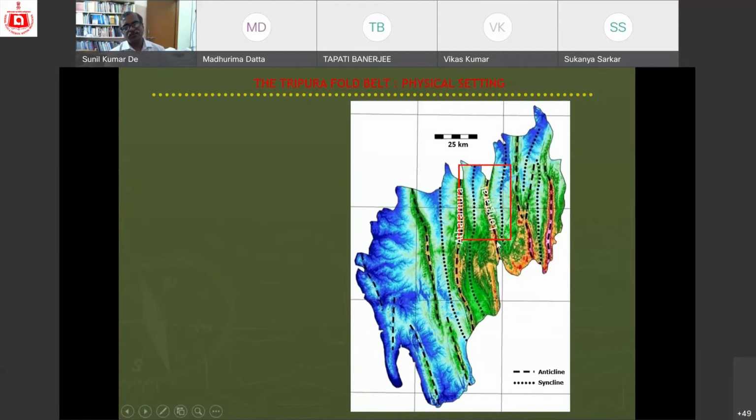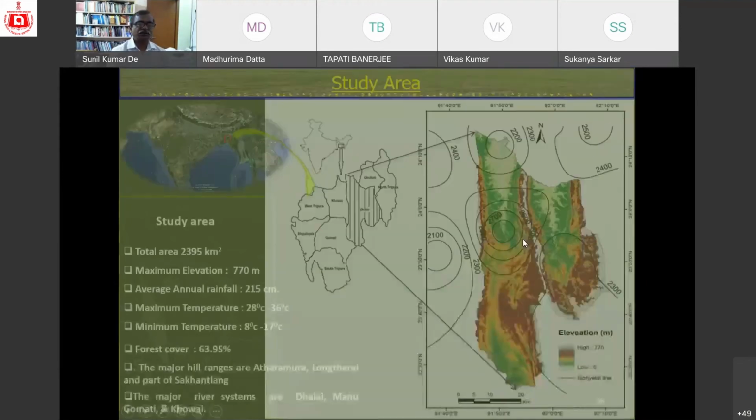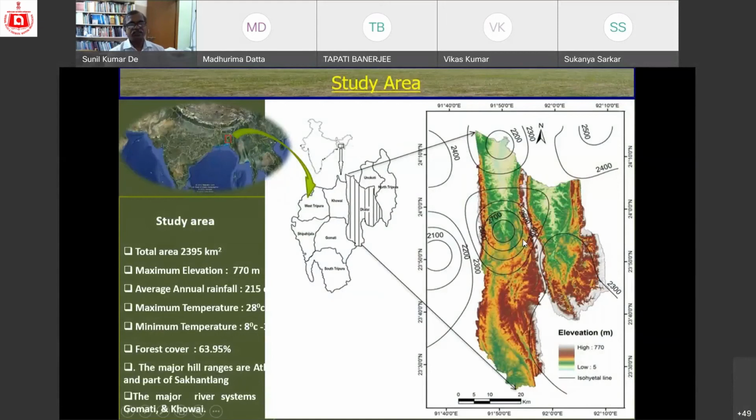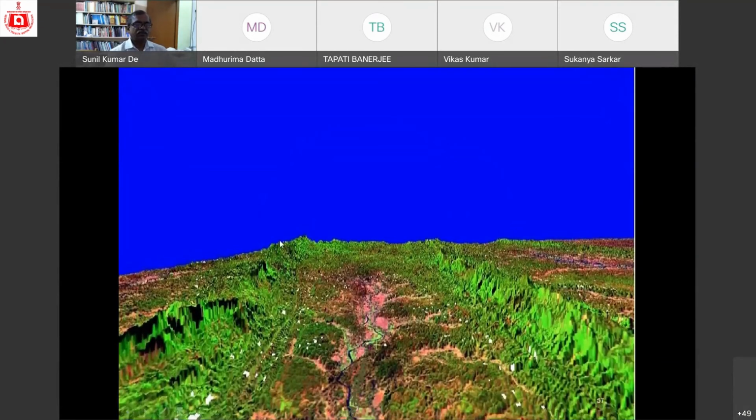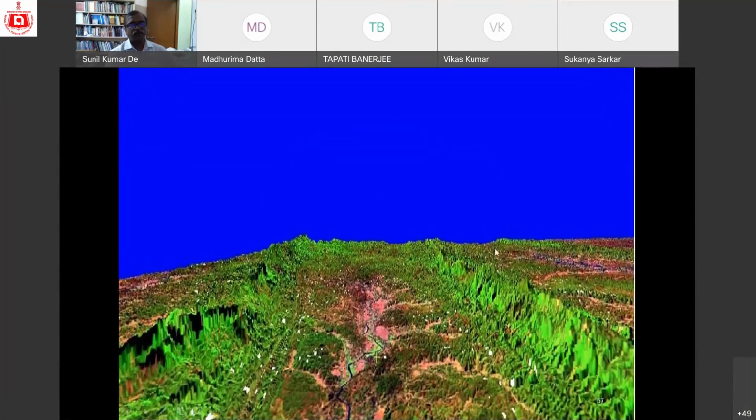But this eastern, then middle part is covered with these hill ranges. And I do not know what was the intention. The road was constructed across the hills. I will show afterwards. So this is the details. And if we see, this is the hills. This is Atharmura, this is Boromura, this is Atharmura, and these are the river valleys in Tripura.